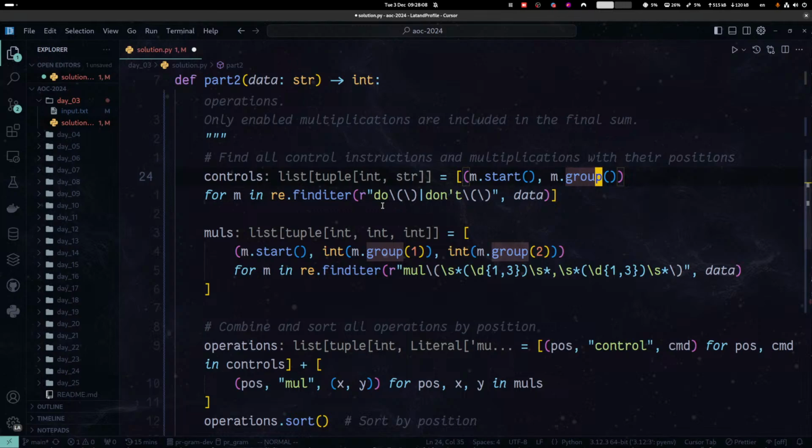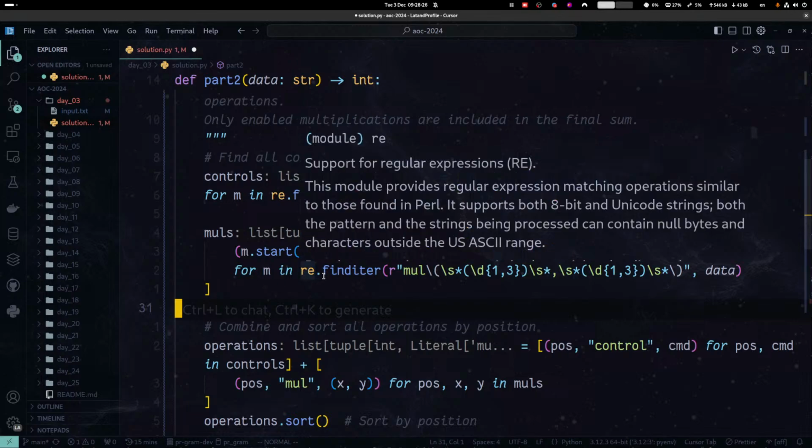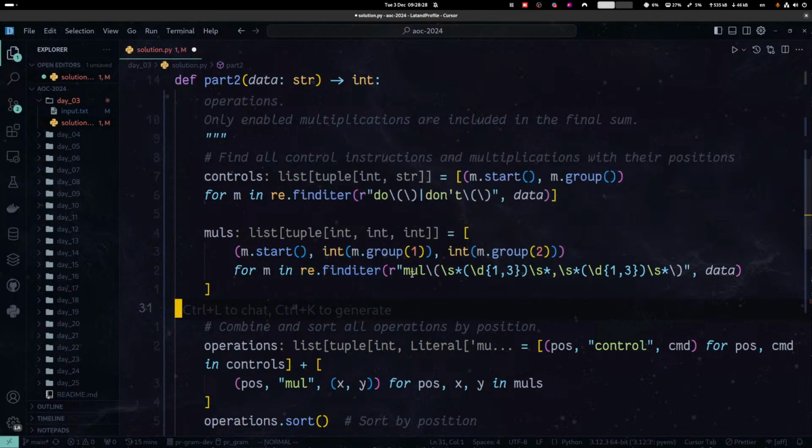So it splits into do and don'ts, and we have m start, m group. So what's included there? Then multiplications, m start, int m group 1, m group 2, for m in find iter, mul.